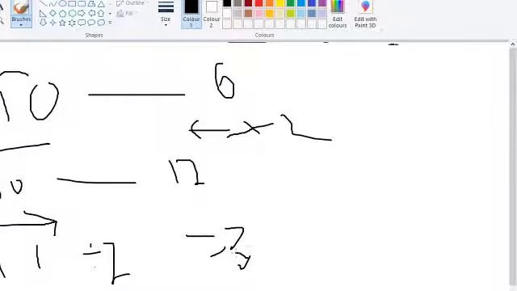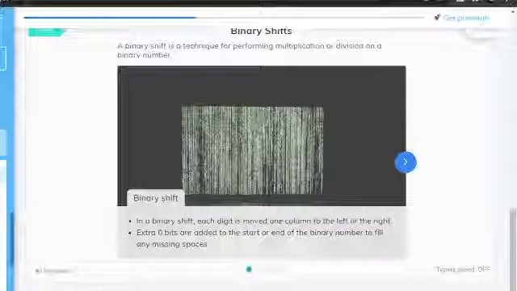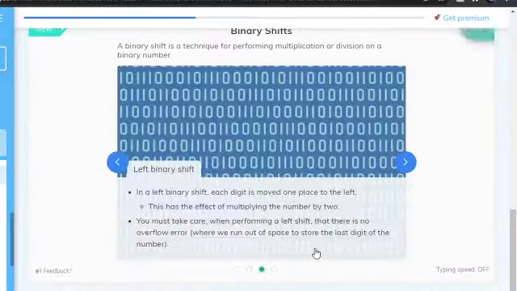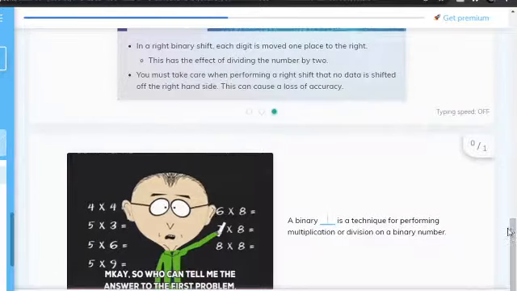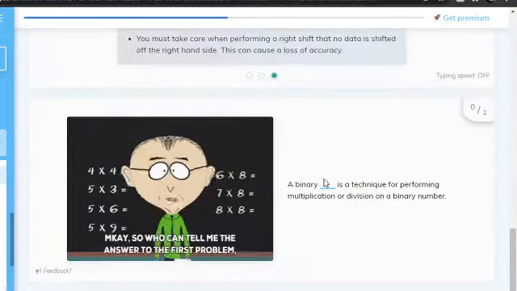This is the same for every time you go another place left, it times by 2, and every time you go another place right, it divides by 2. So that's all we need to know. A binary shift is a technique for performing multiplication or division.